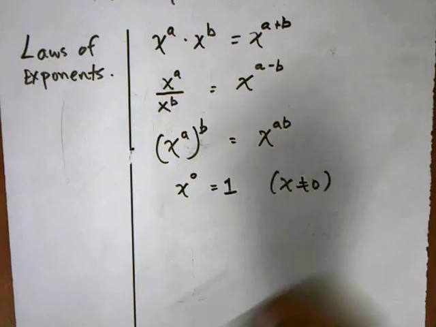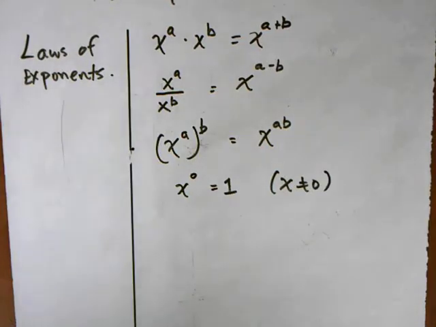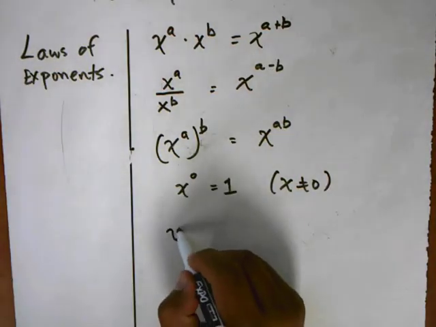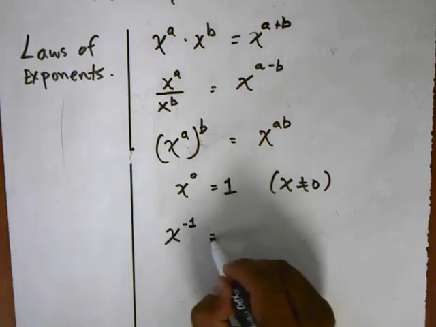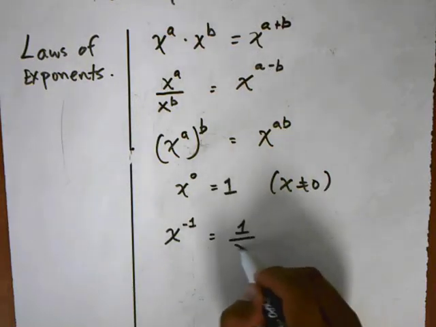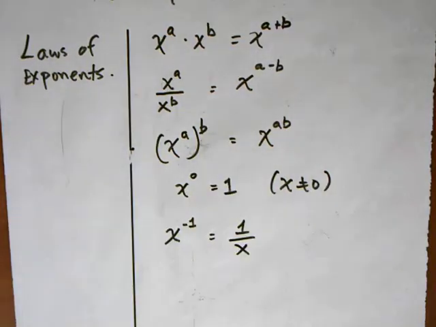So any non-zero number raised to the 0th power is always equal to 1. And finally, this part is a little bit tricky, but anything raised to the negative first power is really equal to its reciprocal. So x to the negative first power is really 1 over x.